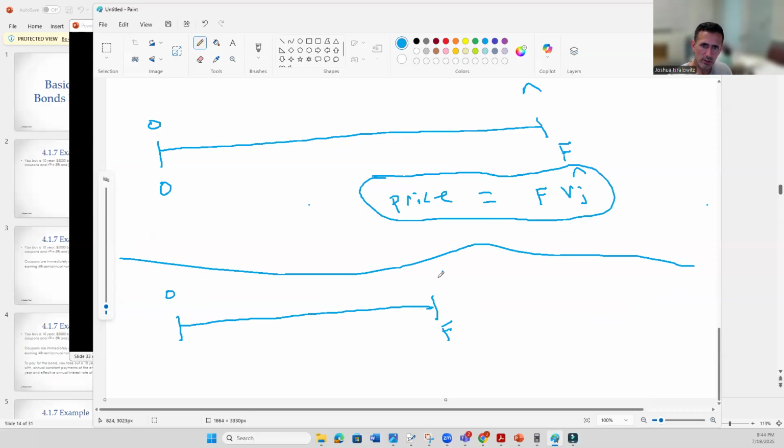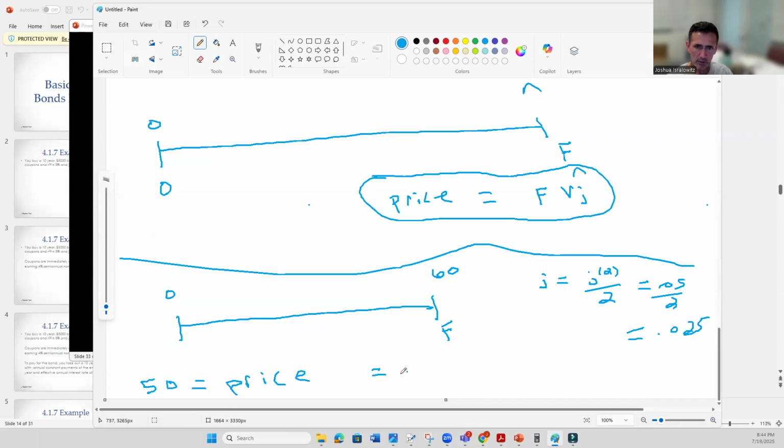So 0 to 60. It's 30 years. My 6-month rate is J2 over 2, which is 2.5%. So for the price, just discount this by 60 6-month periods. It's $50 equals F over 1.025 to the 60.